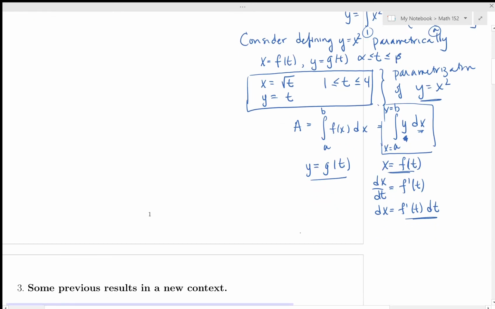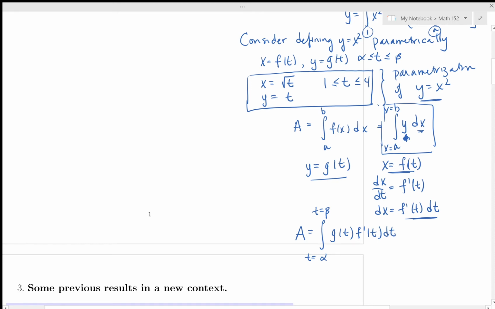If I had an equation that's parametrically defined, then I take the integral with t ranging from alpha to beta, and y here is g of t, and the dx is f prime at t dt.